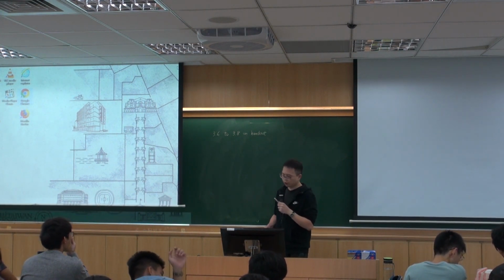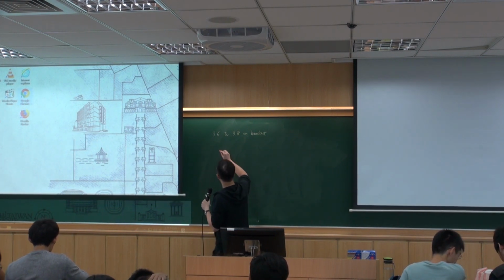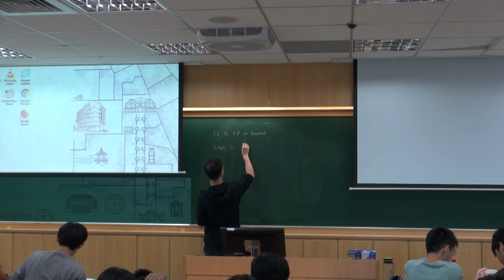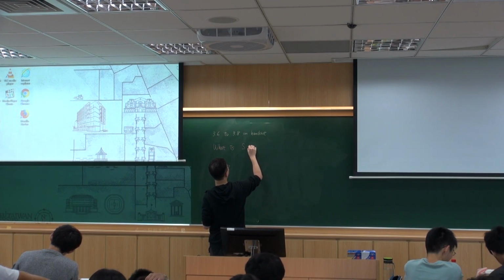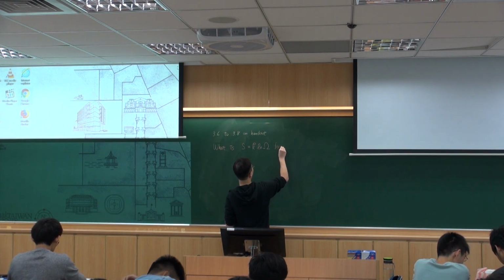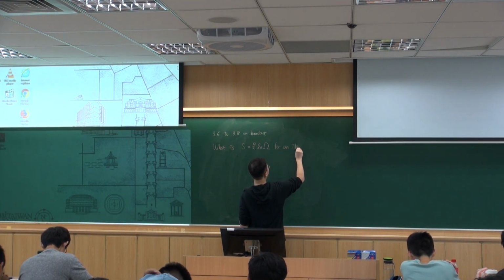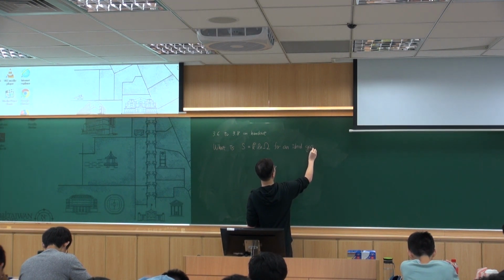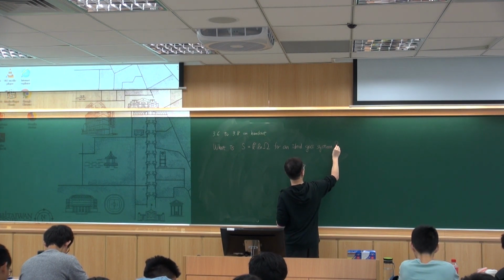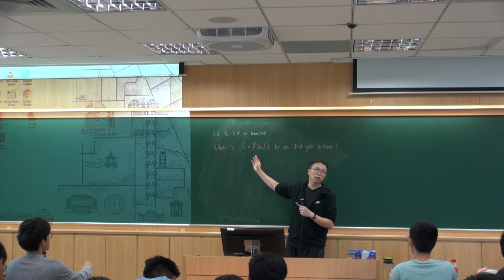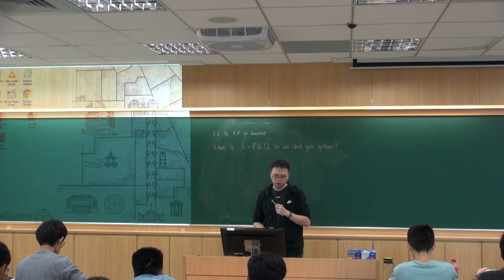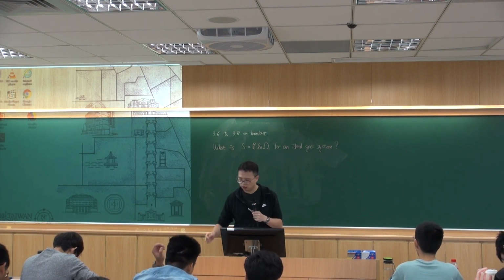So what we're going to go through is to derive explicitly what k log omega is for an ideal gas system.